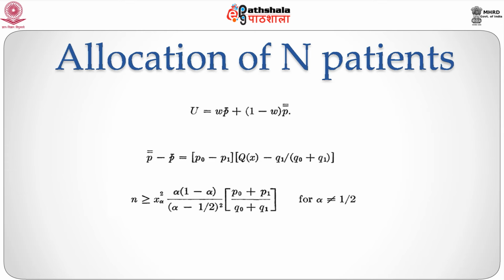That is, under what allocation or what value of n can we expect more successes in the second stage of the trial than in the first stage. This is given, using the expressions for P double bar and P bar, as the condition that n is greater than or equal to x alpha square into alpha (1 minus alpha) by (alpha minus half) square into (P naught plus P1) by (Q naught plus Q1), assuming alpha is not equal to half.